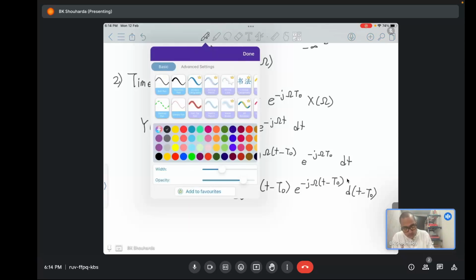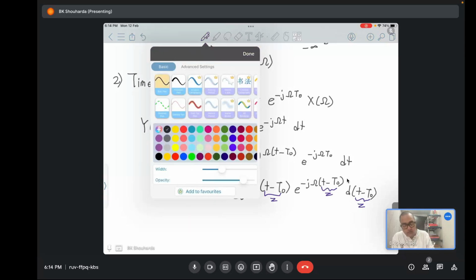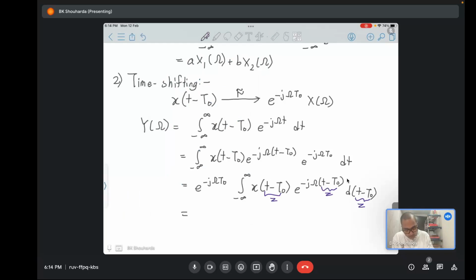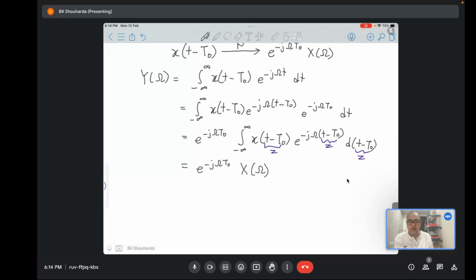So if we substitute z, we directly get the structure of our Fourier transform. So what do we get? E to the power minus j omega t naught times x of omega. So a shift in the time domain results in a multiplication by a complex exponential, and this is the time shifting property. So there is an equivalent phase shift in the frequency domain.